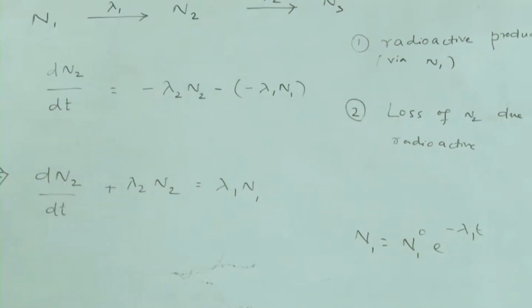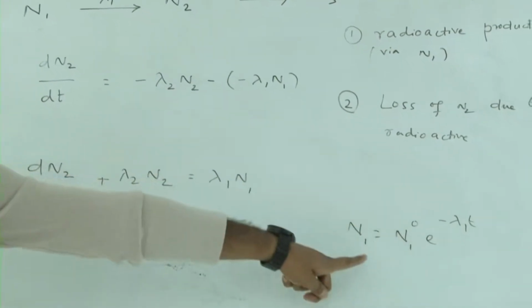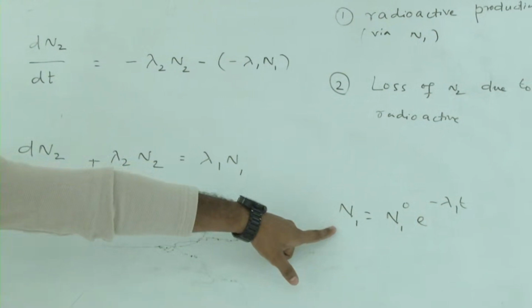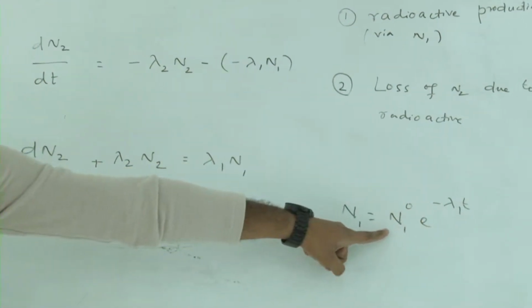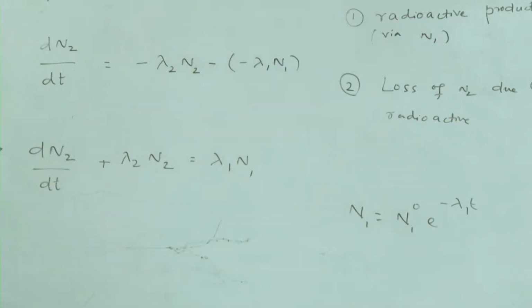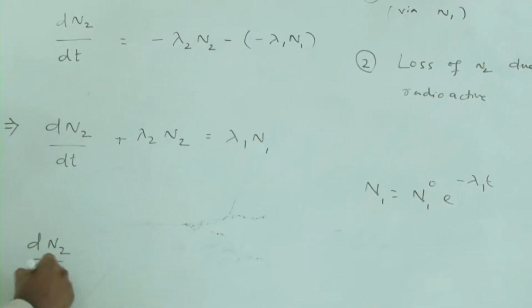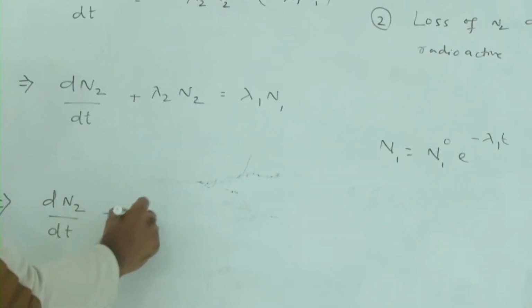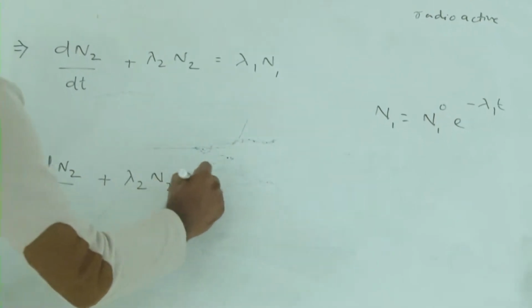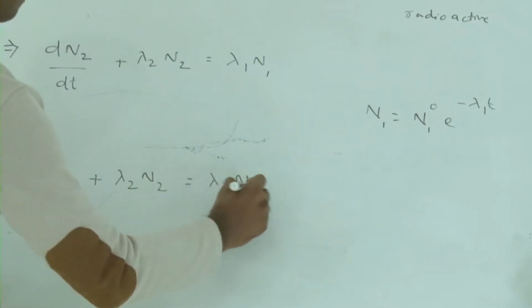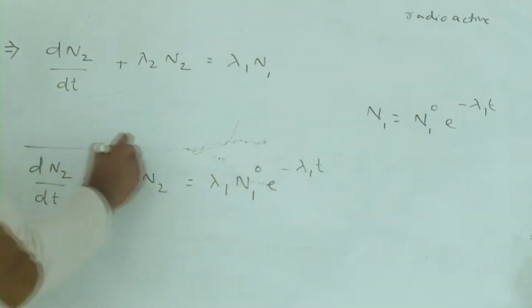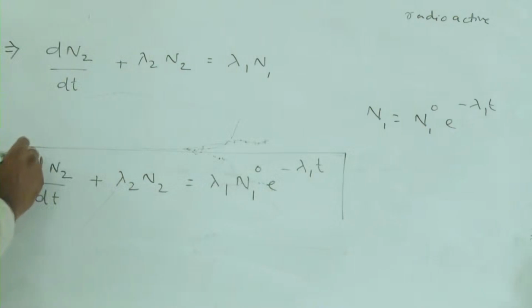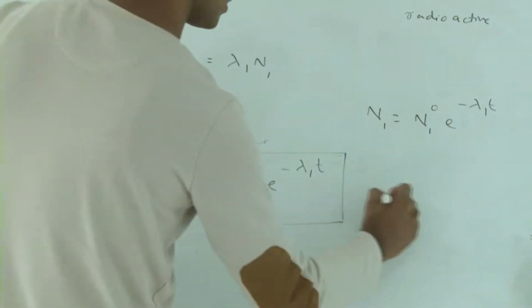So, this is the same equation, N is equal to N0 e to the power minus lambda t, because we are talking of a parent which has a decay constant of lambda 1, and if the starting point is N1 0, then if you replace this, dN2 by dt plus lambda 2 N2 will be equal to lambda 1 N1 0 e to the power minus lambda 1 t. So, this is our equation 1, and this is called the Bateman equation.